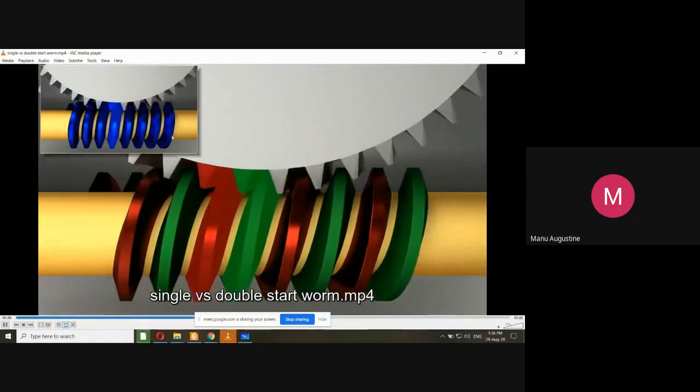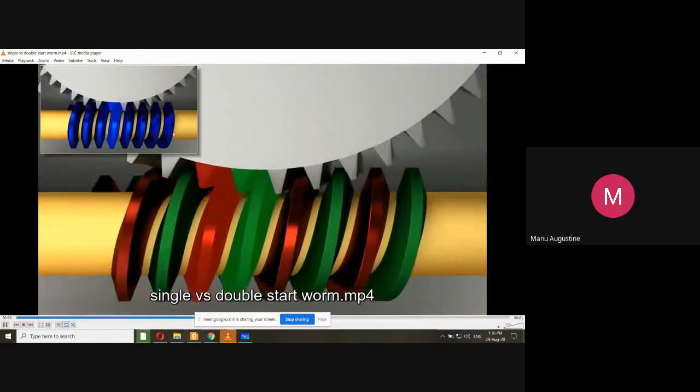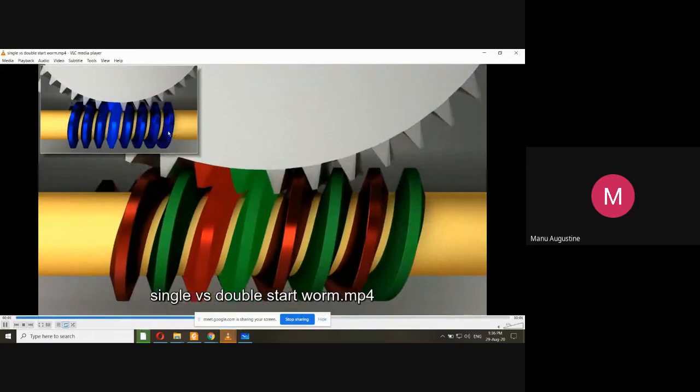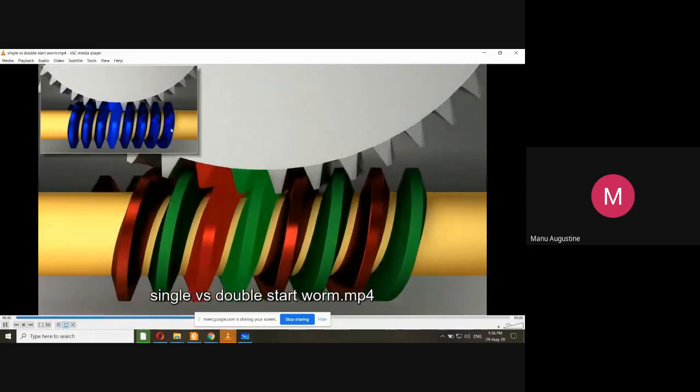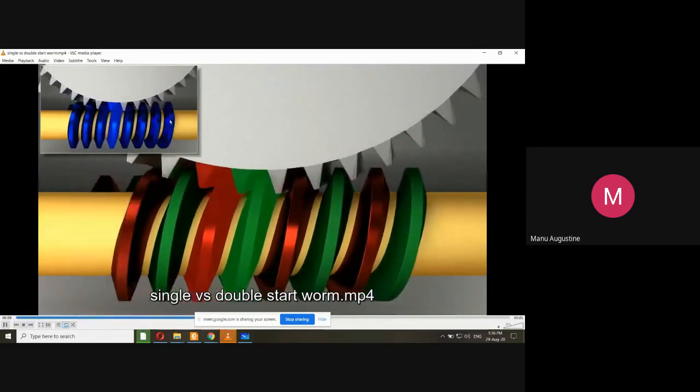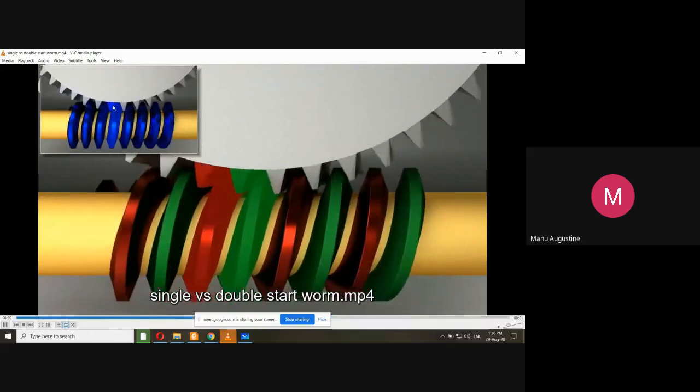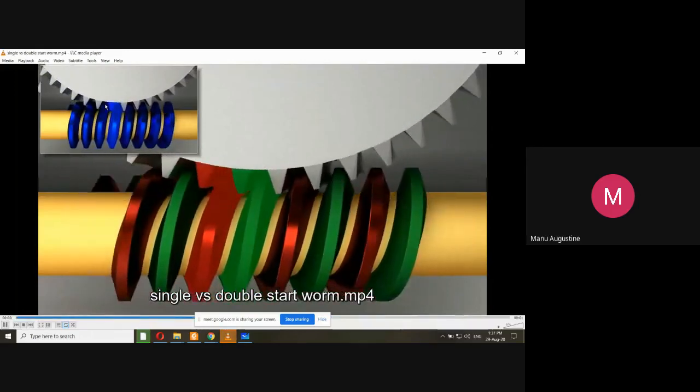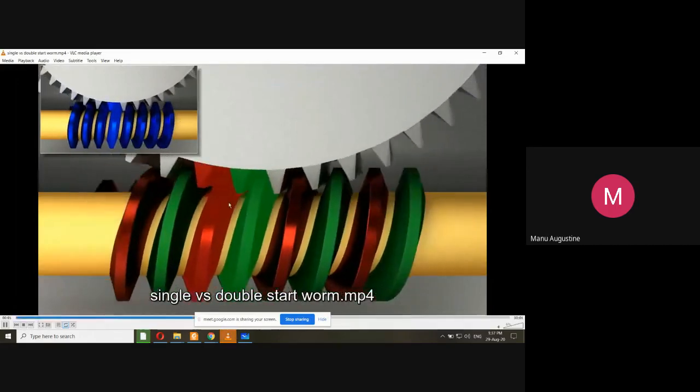Start, end, start, end. So if you look at this particular tip of the worm, you can understand how one revolution of the worm is completed. Now please note, when one revolution of the worm gets completed, only one tooth of the gear actually rotates.